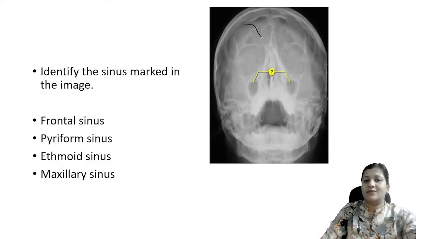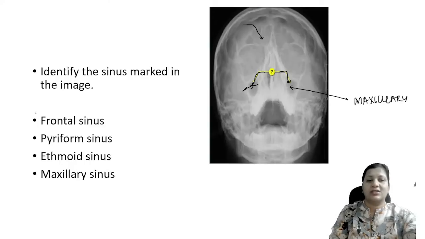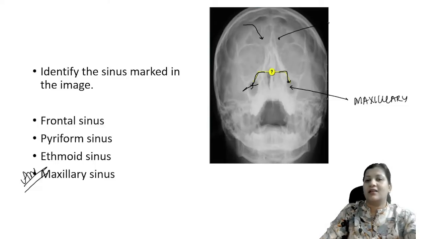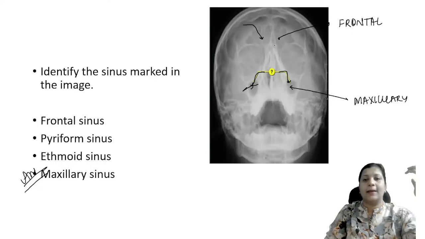You have some sinuses marked. They're asking you about one sinus, but I'm asking about the other sinuses also. The first sinus that you see here in the cheekbone, in the maxillary bone, is your maxillary sinus. So the question is about the maxillary sinus. The second marking that I have done is in the forehead, so this is your frontal sinus.